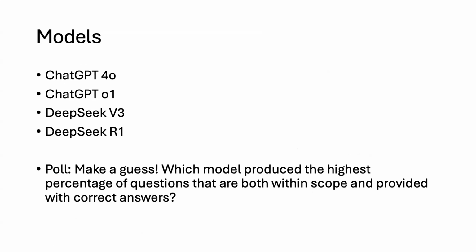Okay, now I'm going to ask you another question. So again, make a guess. Which model do you think produced the highest percentage of questions that are both within scope and provided with the correct answers?